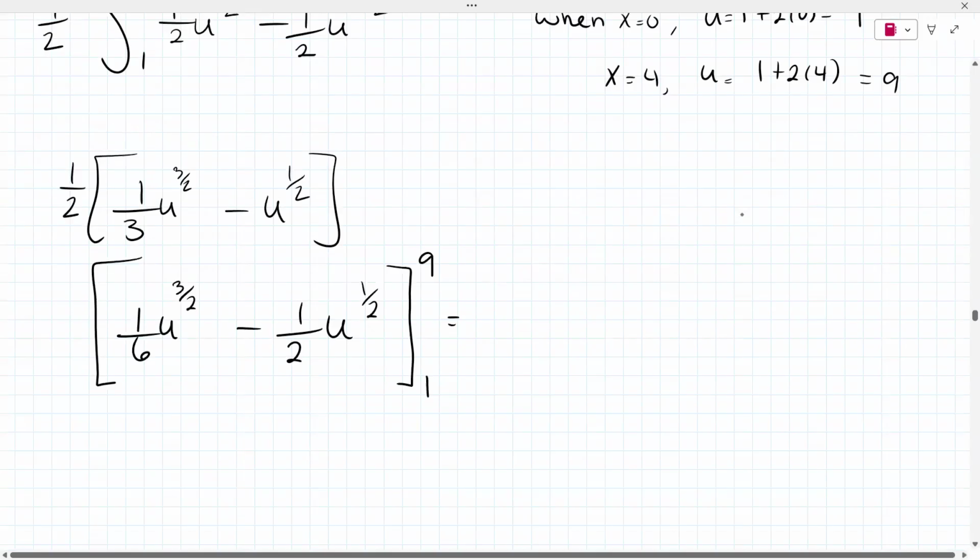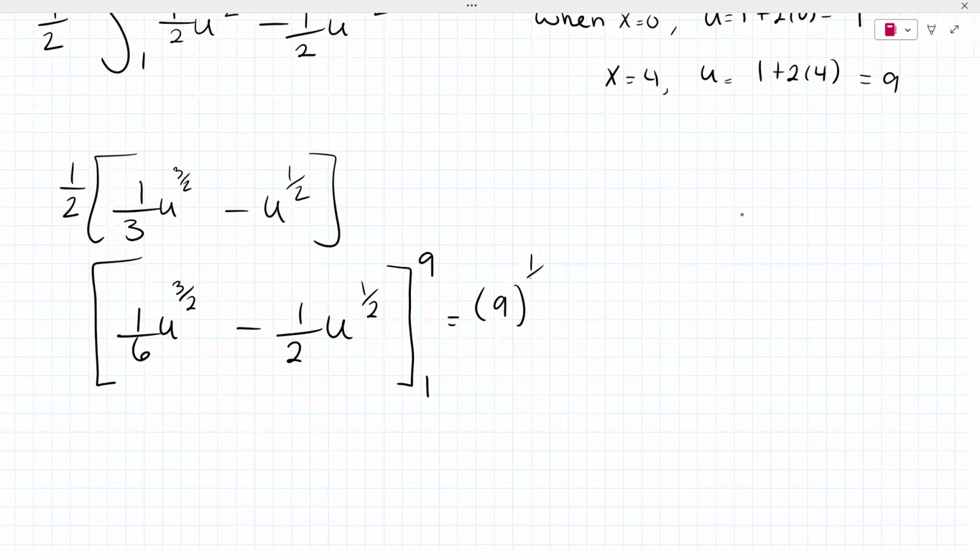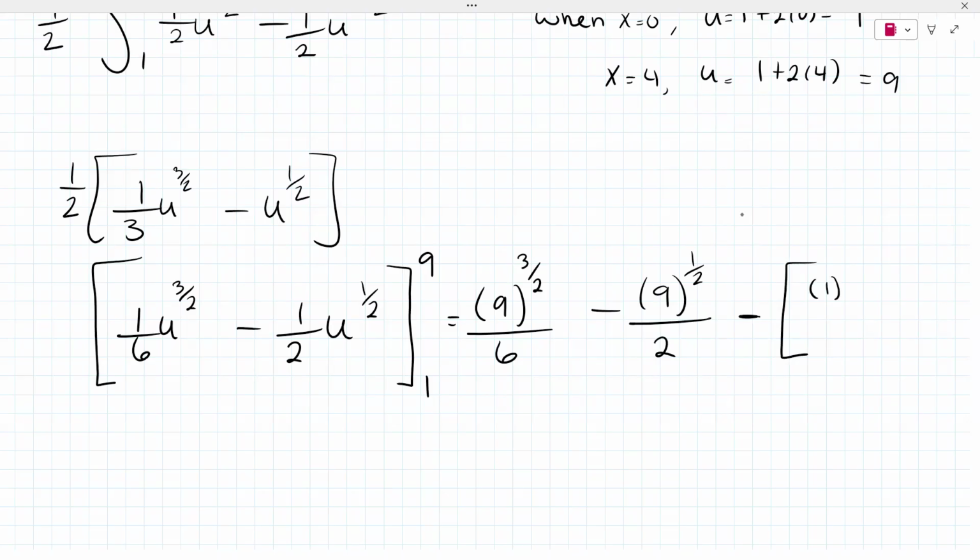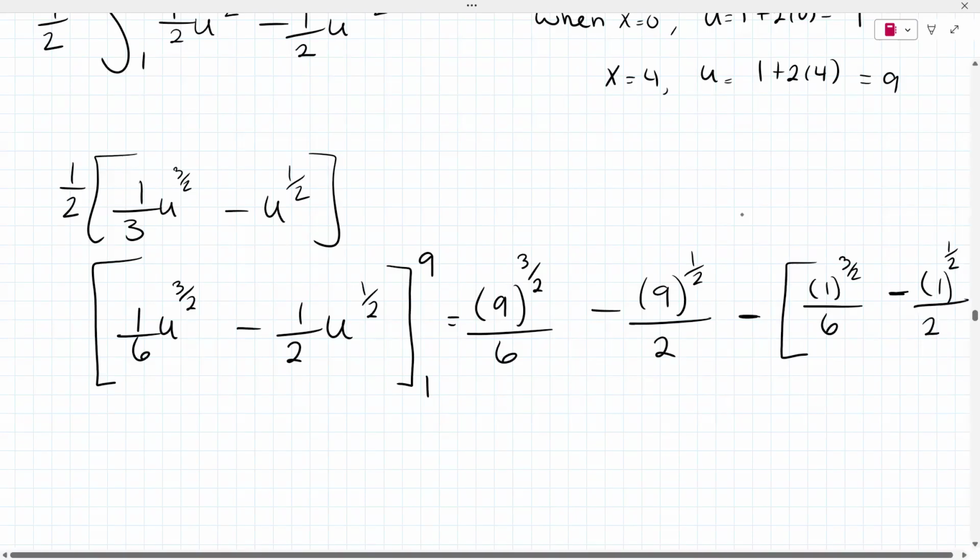When you do that, you're going to get 9 to the 3/2 over 6 minus 9 to the 1/2 over 2, minus bracket, 1 to the 3/2 over 6 minus 1 to the 1/2 over 2.